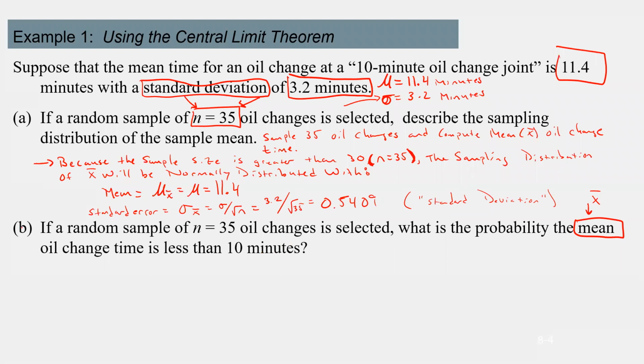So here's what I'm going to do. I'm going to define a variable. I'm going to let X bar be equal to the mean oil change time in a sample of 35 oil changes.